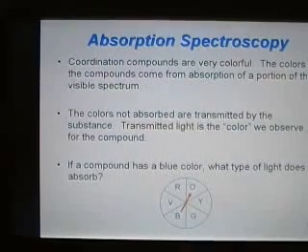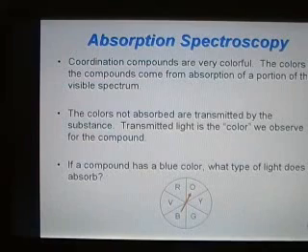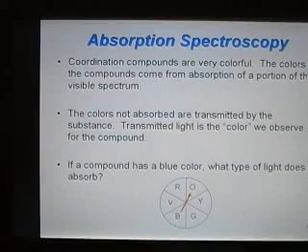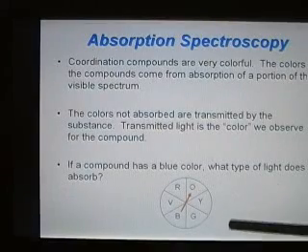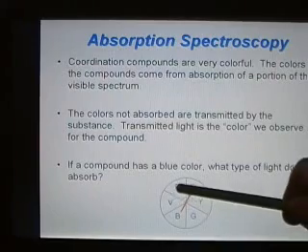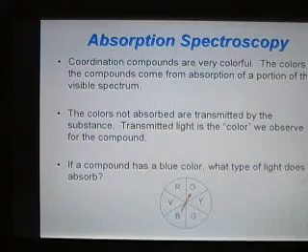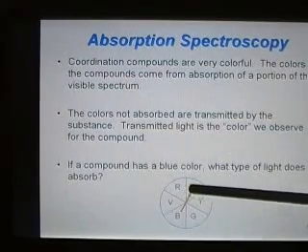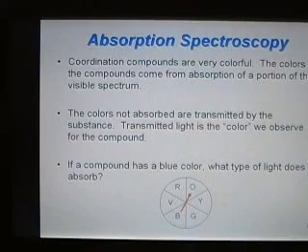Now, there's a very simple method that you can use to determine what color of light is absorbed primarily by a compound. So, for example, if a compound has a blue color, what color light does it absorb? Well, just draw a color wheel. Remember Roy G. Biv. And then if you say it transmits blue light, the color opposite from it, orange, is the light that it will absorb.